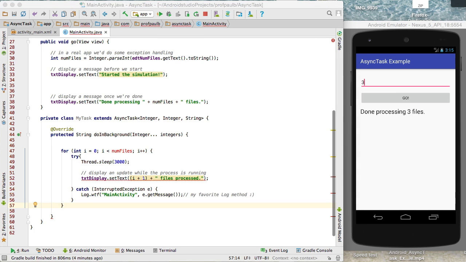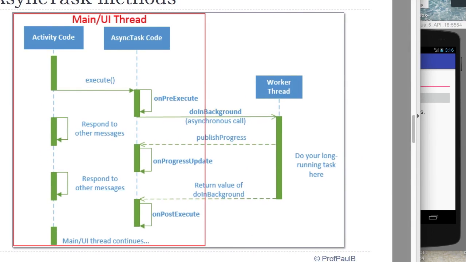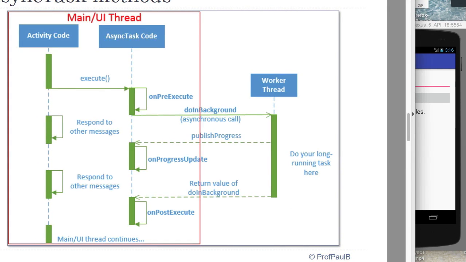Just hold on for 1 second. Sorry, that was a bit fast. If we take a look at our diagram here, the doInBackground is the one method that's being done on the worker thread. Okay.